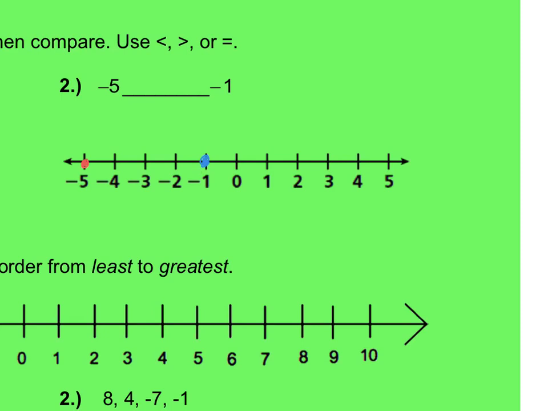This would be like more food. Negative 1 is further to the right too. The further the number is to the right, the bigger it is. So negative 1 is definitely bigger than negative 5. Alligator eats the negative 1. The way we say this is, negative 5 is less than negative 1. If the sign was this one, you would say greater than, and I could put equal to.